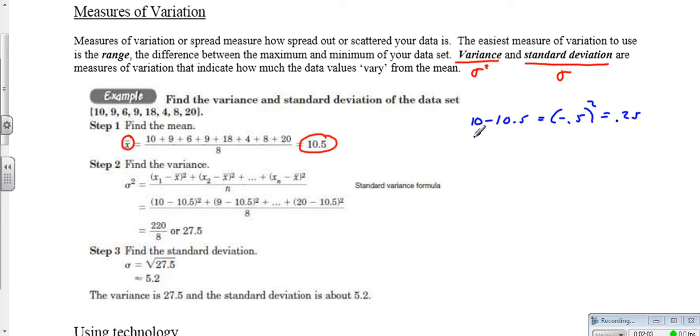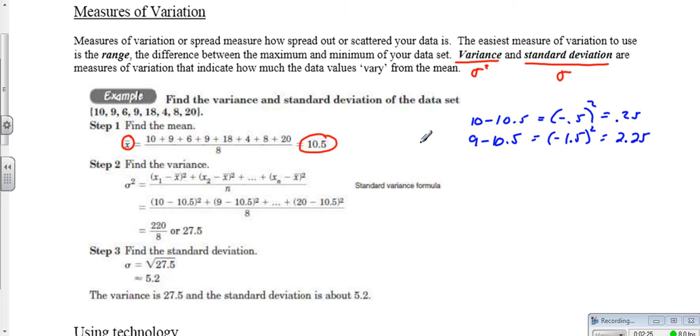Then I take the 9 and I say, what's 9 minus 10.5? And that would be negative 1.5. I square it. And so negative 1.5 squared, of course, you put it in parentheses and square it because it should be a positive, 2.25.